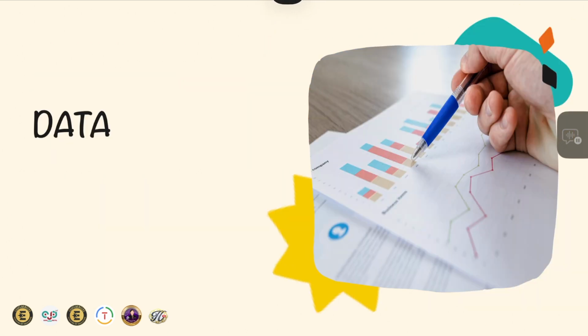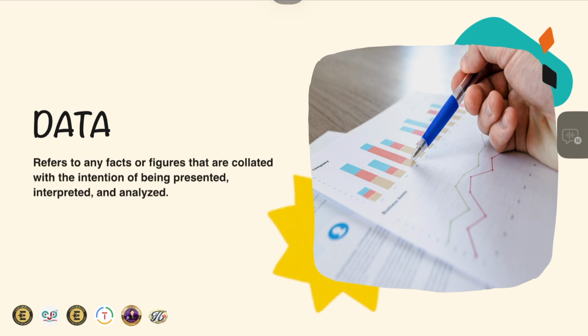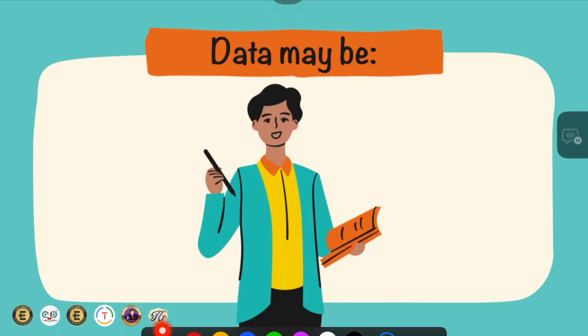Alright, so how about data? Data refers to any facts or figures that are collected with the intention of being presented, interpreted, and analyzed. There are two types of data: qualitative or quantitative. So what is the difference?